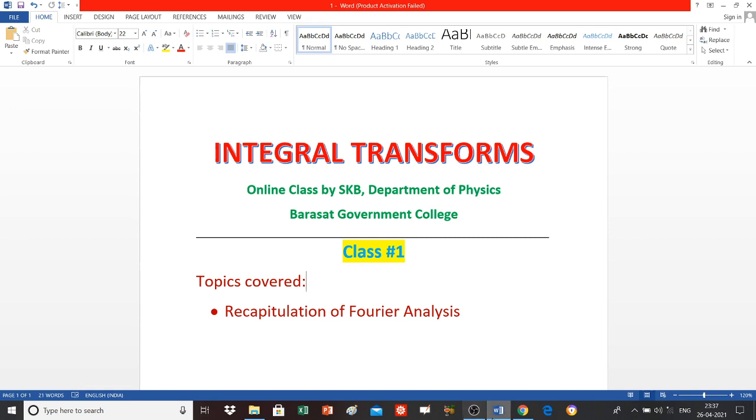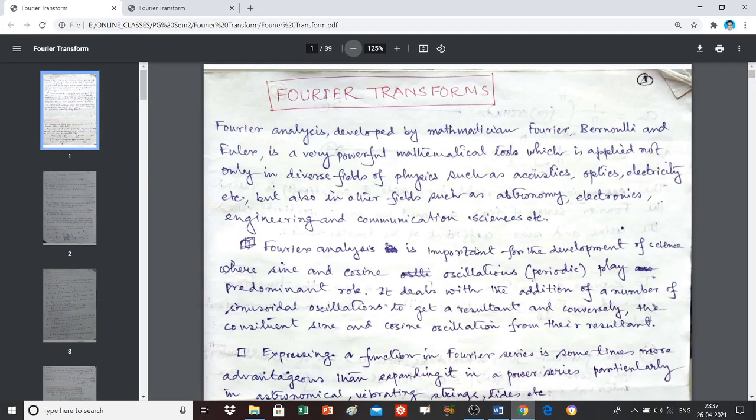We are here to recapitulate the Fourier analysis that we have learned in our previous classes, that is, at graduation level. So now let us go to the Fourier analysis.